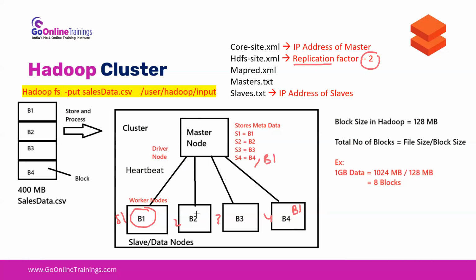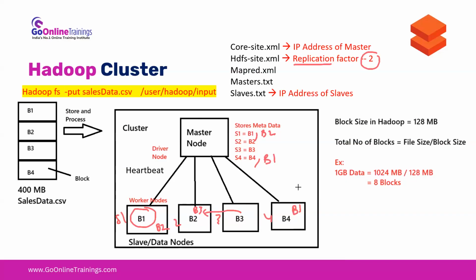B1 is available, so B2 data may be available here. So 1 copy is available here, and the second copy of B2 is available. In S1, you have B1 and B2 also available. Right, B2. And B3, where is it available? B3, 1 copy is available here. B3, you can also keep it here. Like that, you are going to have two copies of the data everywhere.